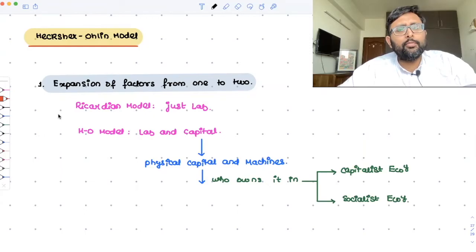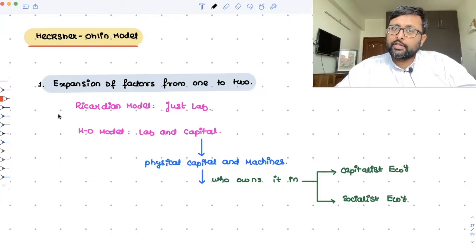You remember in Ricardian model, what exactly we did? We just assumed one factor of production, which was labor. Labor was the only factor of production, right? What was the basis of trade there? Because the productivity of labor was different in different countries, this gives rise to the different opportunity cost of the production.